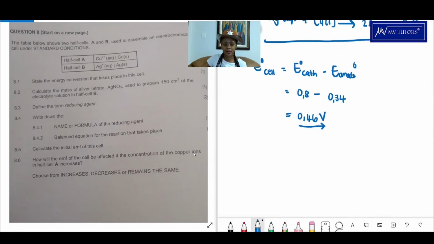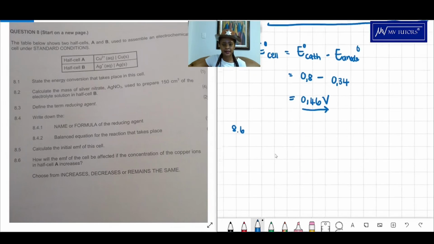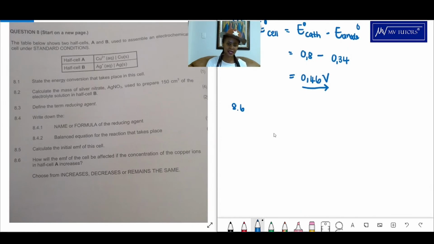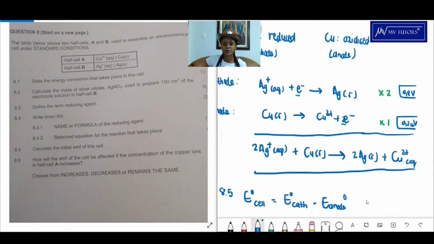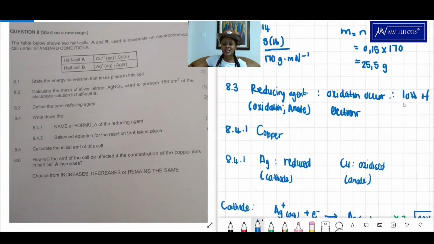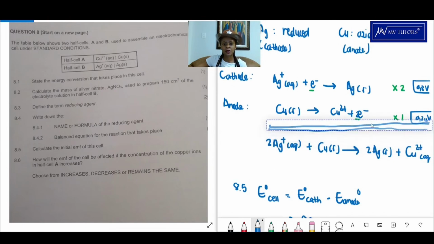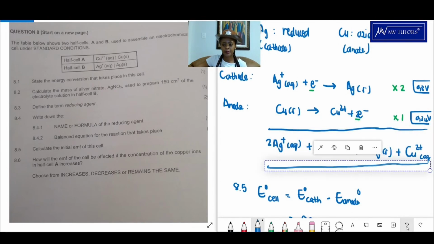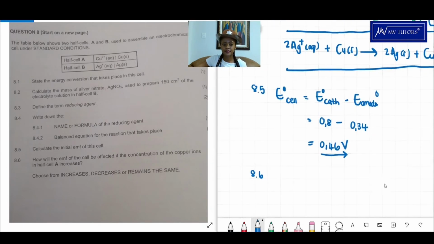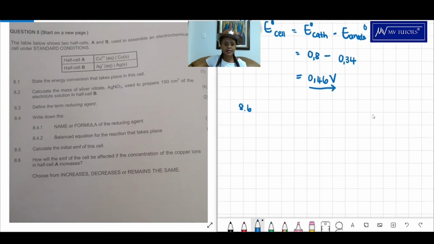Then 8.6. So 8.6 says, how will the EMF of the cell be affected if the concentration of the copper ions in half cell A increases? I even forgot to say which one is A, which one is B, but it doesn't matter. We know that half cell A is the copper.